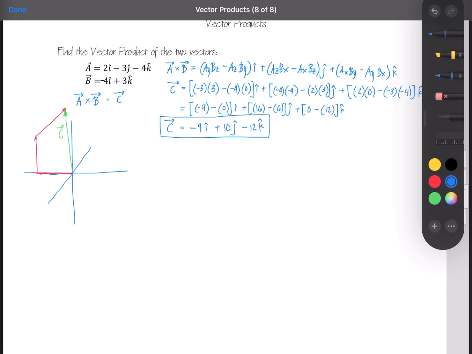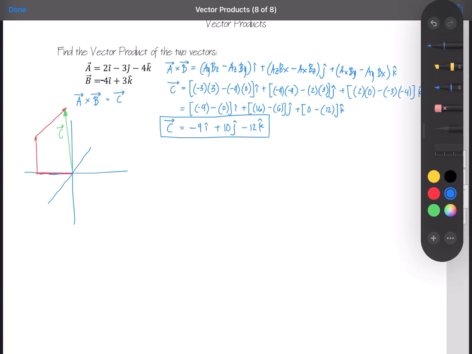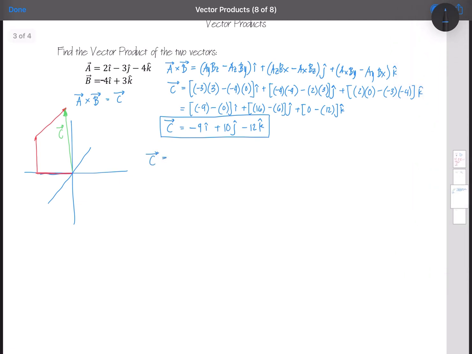But if you want to know specifically the magnitude and the direction, you can of course solve that. For the magnitude, we simply get the square root of negative 9 squared plus 10 squared plus negative 12 squared.